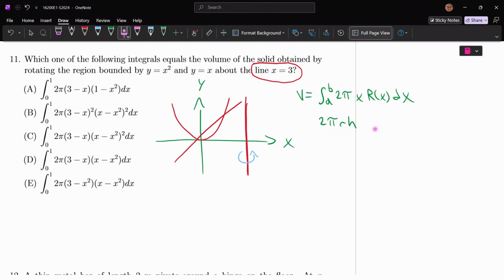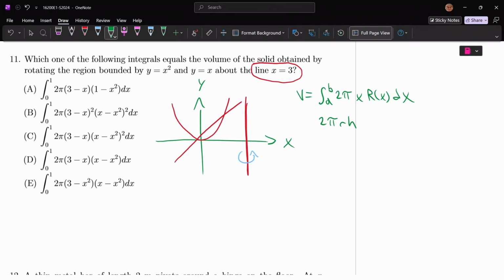Generally speaking, the radius is represented by x, and the height function ends up being the region, because the height changes depending on where along your region you are. The reason it's x is because usually you're only rotating about an axis, so you don't have to account for a shift. But because we're dealing with the shift of x equals 3, we're going to have to replace this x with 3 minus x to account for that compensation.